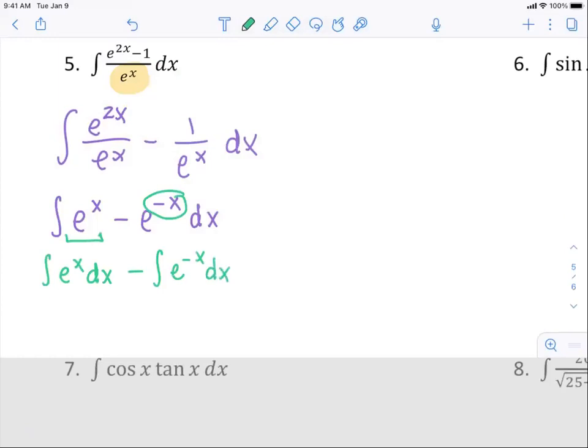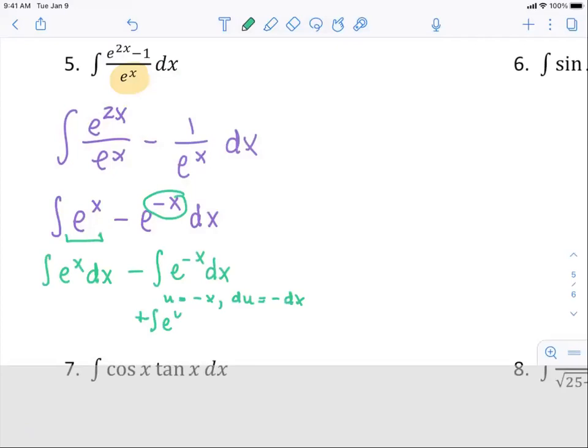For the second one now, we want to let u equal negative x. That means du equals negative dx. So this gives us now, this integral was already negative, so now it's going to be positive e to the u du.